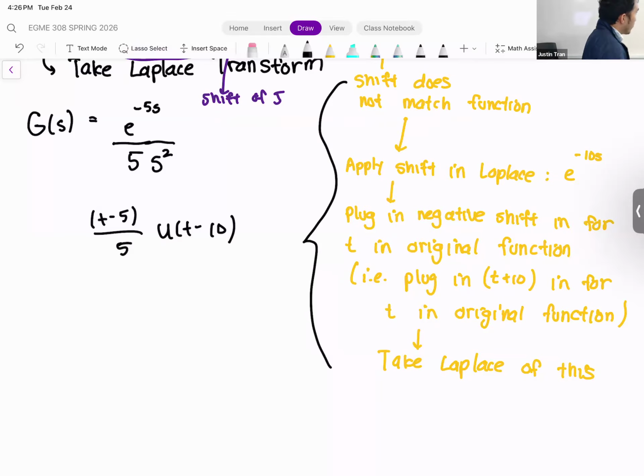Let's take the Laplace transform of this entire expression, because that's what we want to do. Let's apply our steps step by step. First, we apply our shift, so we multiply this by e to the minus 10s. So we have e to the minus 10s just like that.